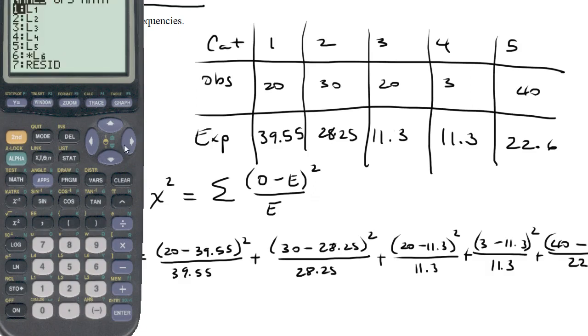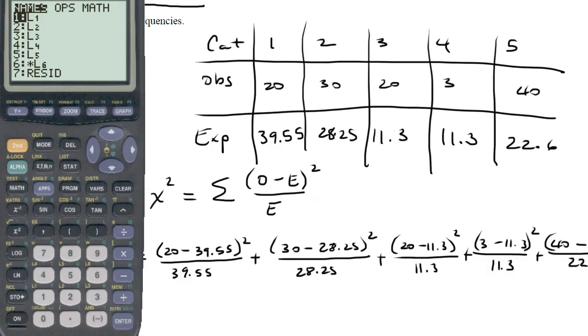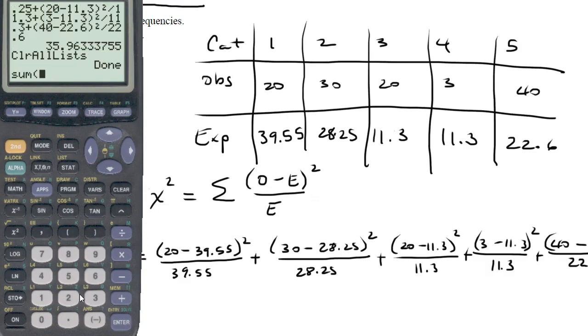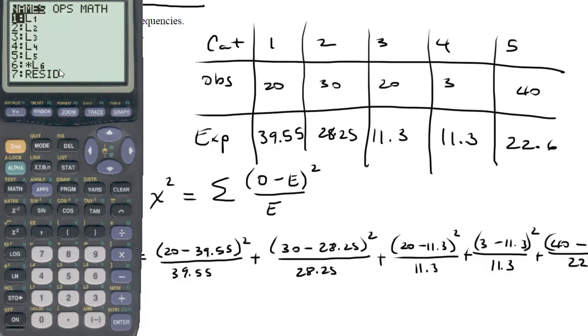I need to go over to math because I'm doing math with those lists. And number 5 is the sum. That's what I want: the sum of, and what I'm typing in is exactly this formula. Parentheses, I go back to list because I'm pulling out my list, L1, that's my observed.